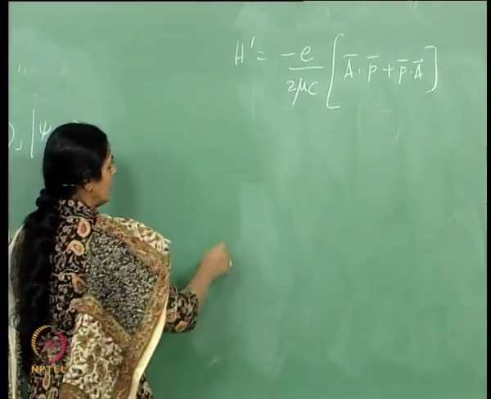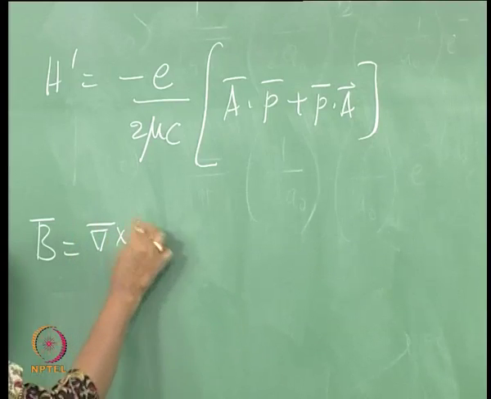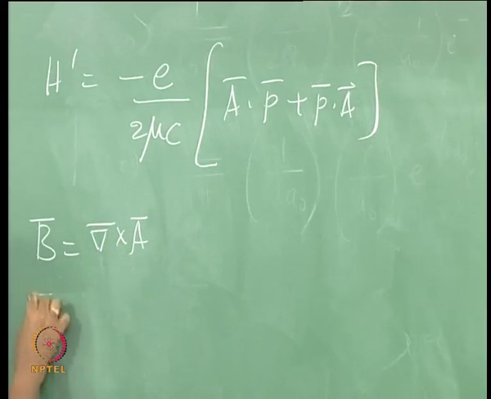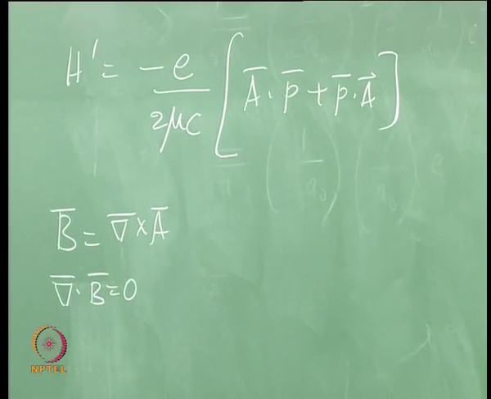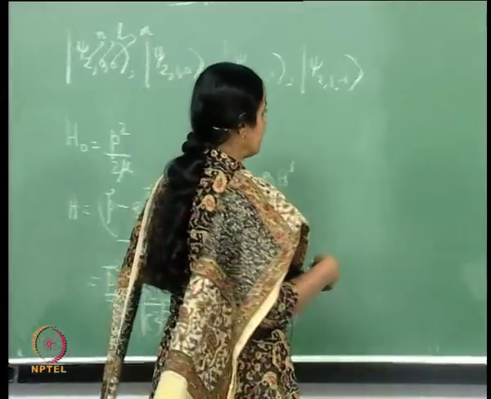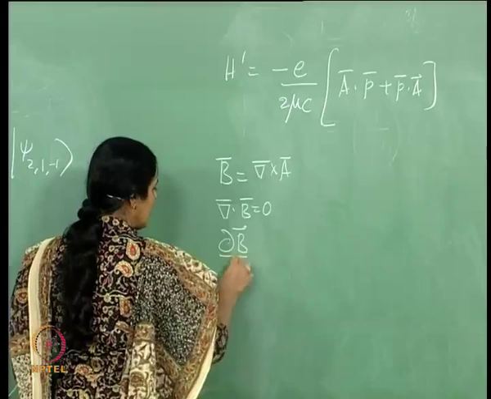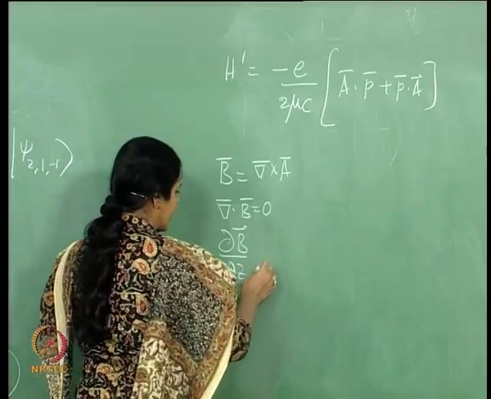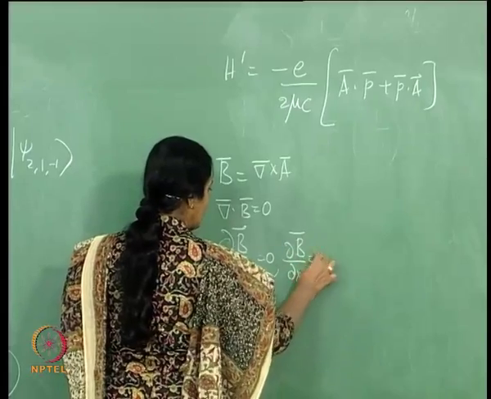The magnetic field B itself is del cross A. That came about because del dot B is 0. I use a uniform magnetic field, say along the z-axis, and therefore delta B by delta z equals 0, delta B by delta x equals 0, and so on.